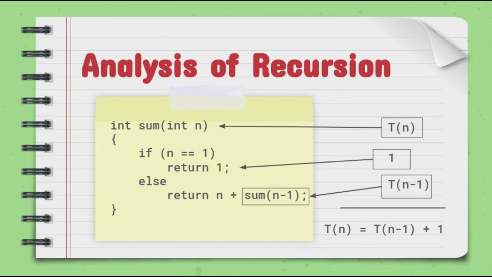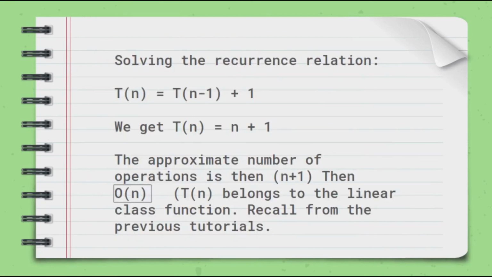Now how do we solve recurrence relations? We have complete tutorials on which we are going to explain that in more detail: how to solve the recurrence relation. As you can see, we have this t of n equal to this.